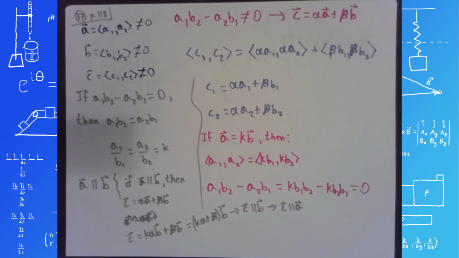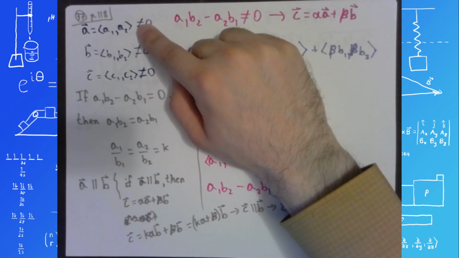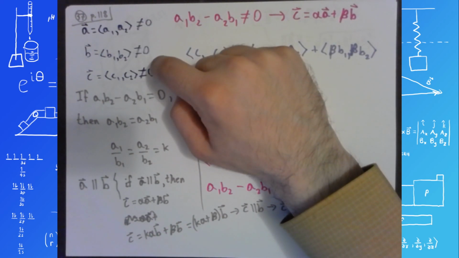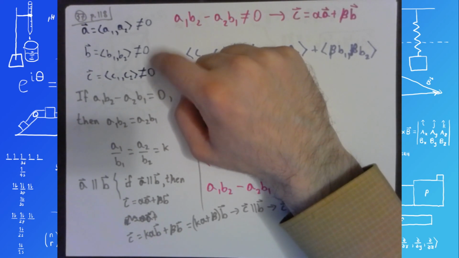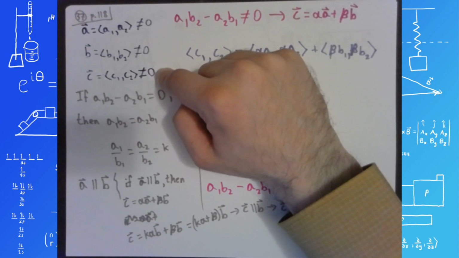Anyway, page 118 of that book, in case you wanted to follow along, assuming the paging is still the same, I have problem 37, which says, let vector A be the vector with components A1 and A2, similar story for vector B, and vector C, similar story, and let them be three non-zero vectors.